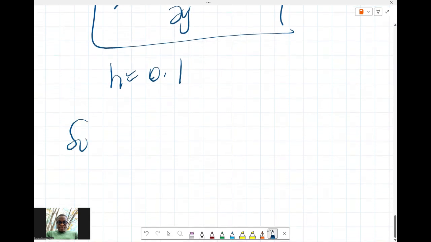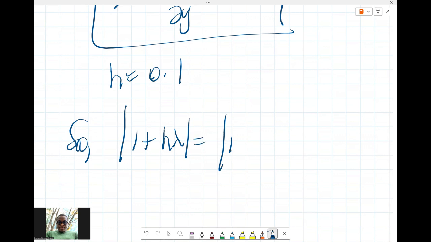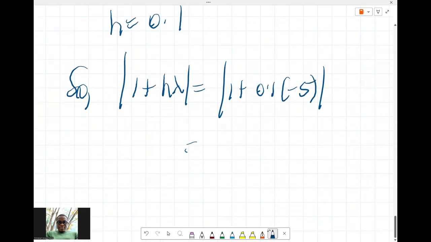So the absolute value of 1 plus h lambda is equal to the absolute value of 1 plus 0.1 times minus 5.